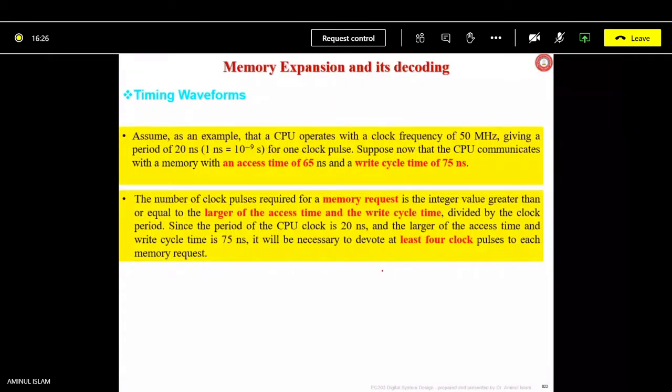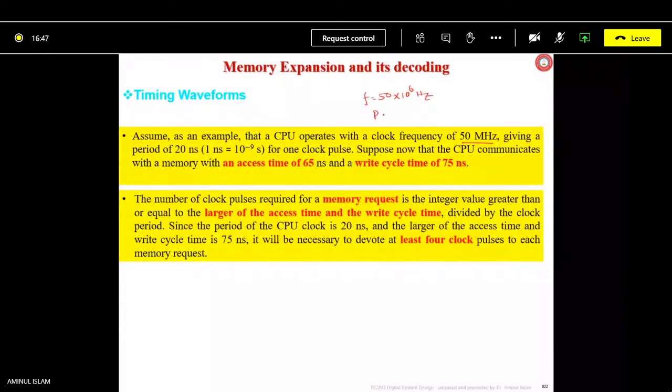One example is taken of a CPU with a frequency of 50 megahertz, that is 50 into 10 to the power 6 hertz.